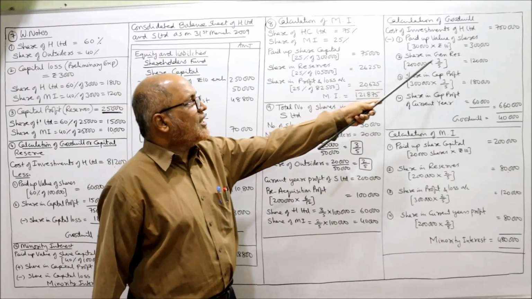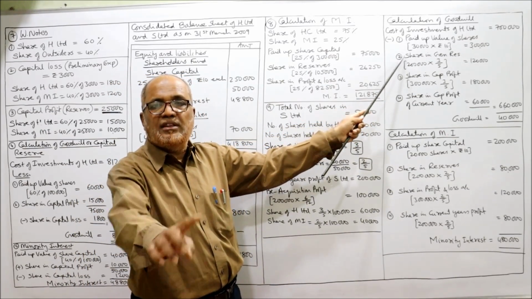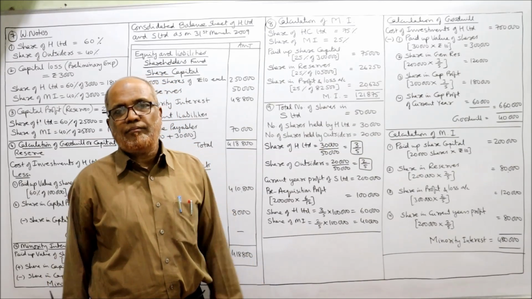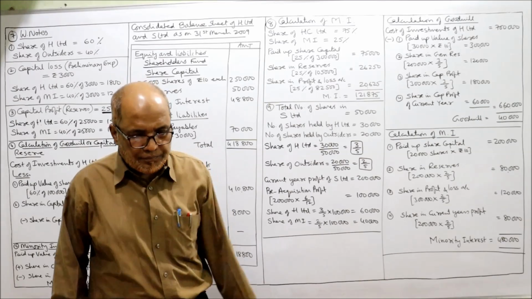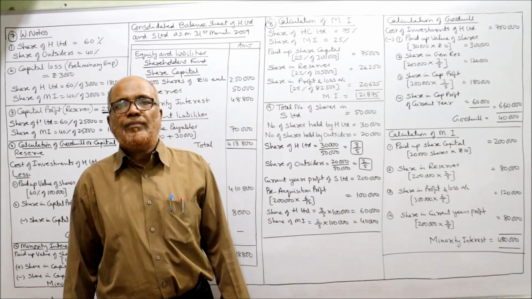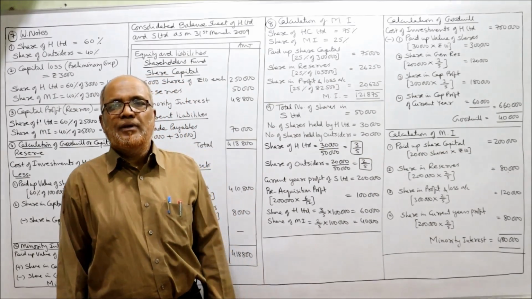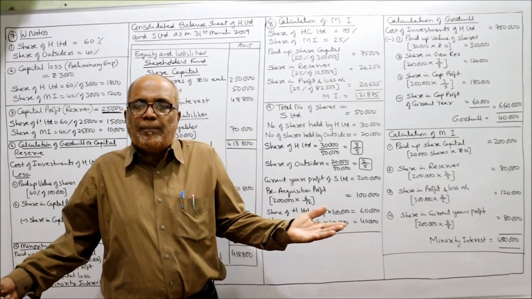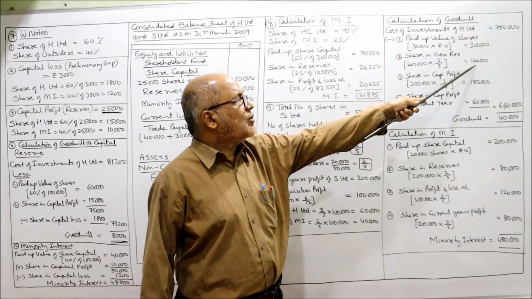So here share in general reserve. 2 lakh rupees is the general reserve given in the problem of S Limited. And this general reserve is on 1/4/2003, 1st April 2003, beginning of the year. तो जो भी beginning of the year रहेगा तब completely capital profit है. The general reserve 2 lakh into 3 by 5, 1,20,000.